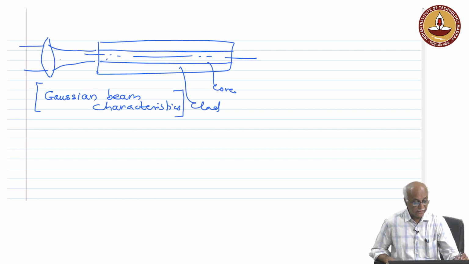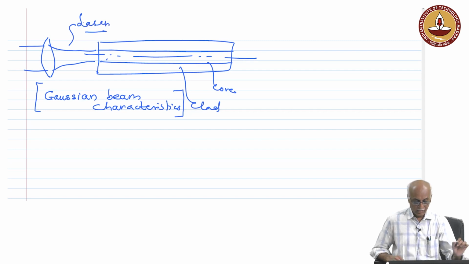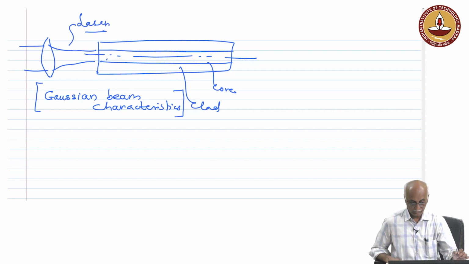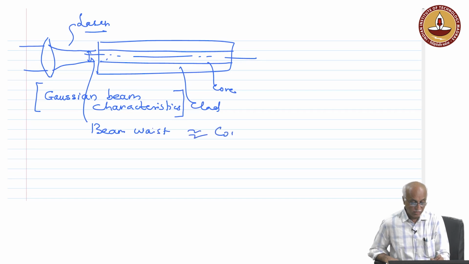In case of a laser, we will be able to observe a Gaussian beam characteristics clearly, and the beam waist of this laser beam at the focal position should match with the core diameter of the fiber.